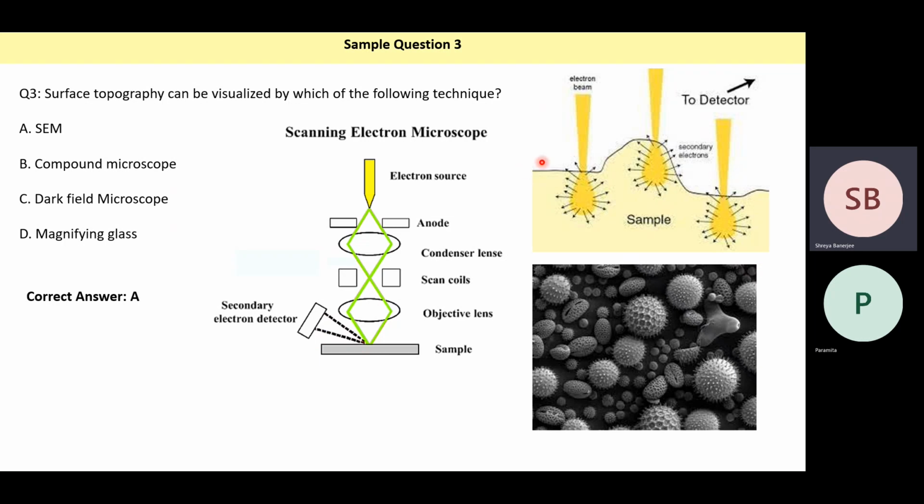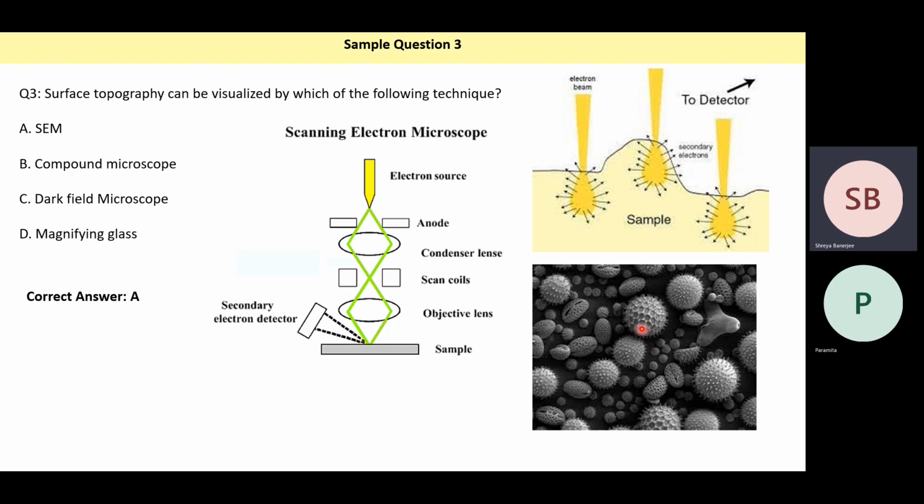So if the sample has, suppose, a peak, then a trough, it will detect the surface topography of the sample. This is an image from the scanning electron microscope. You cannot see what is inside each of these particles, but you can clearly see the surface topography.